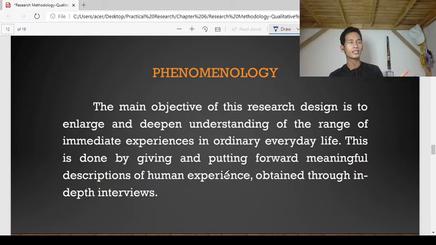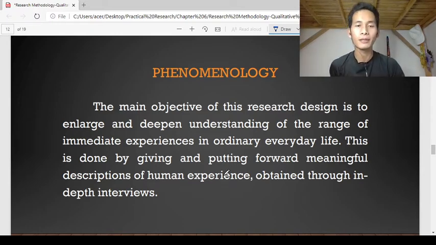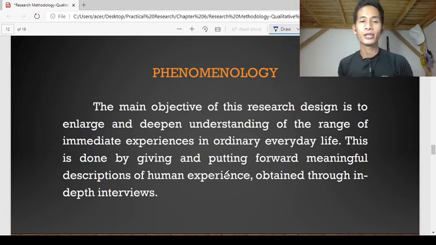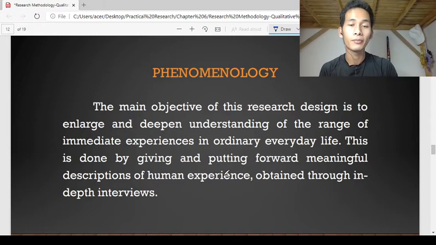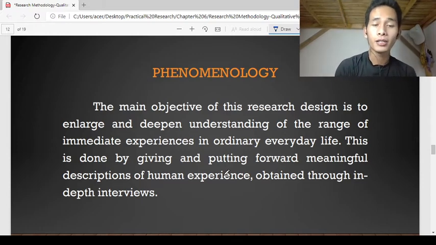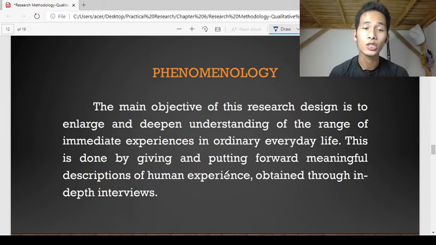As a method of philosophy, it tries to understand things by evaluating the consciousness, the awareness of the people of the particular phenomenon being studied.